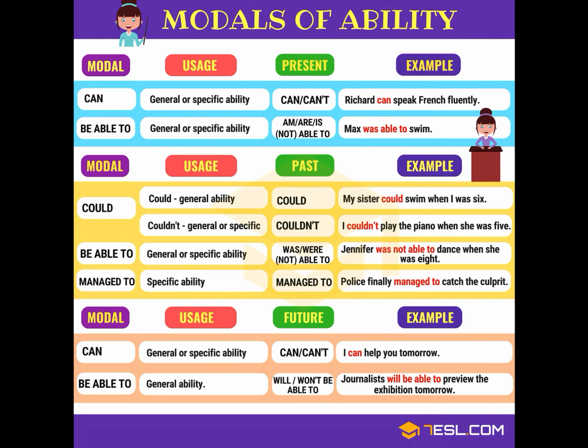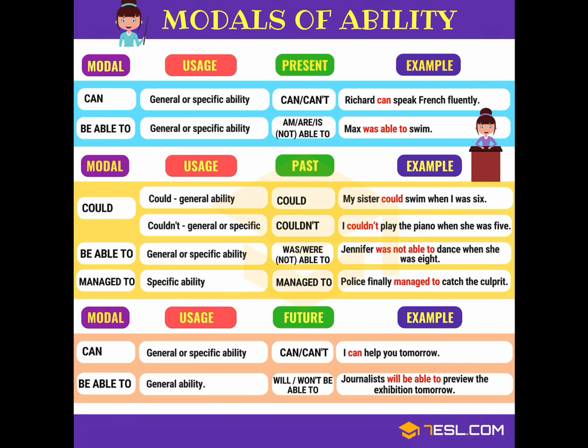That is the past of can, right? So could, the usage is for general ability. Example, my sister could swim when I was 6. Okay, it has the same connotation as can, but just the use is in past.